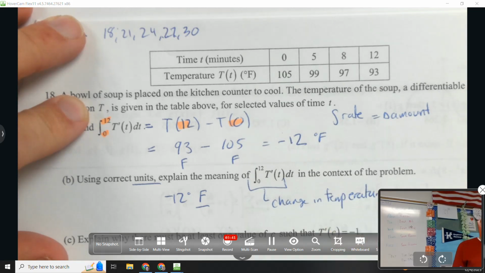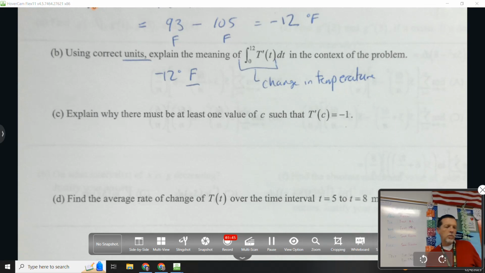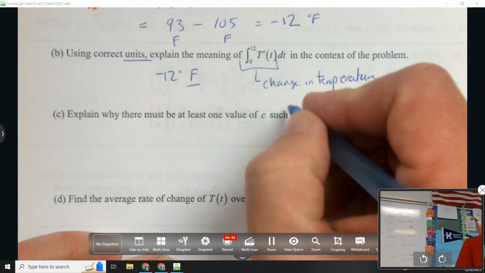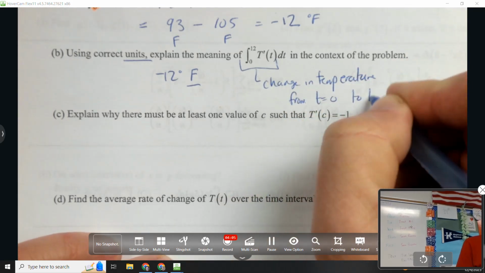And I guess we should be a little more specific. You might not get full points. What do you think I need to include in that to sort of finish my answer? The change in temperature. I need to be a little bit more specific. From 0 to 12 minutes, yeah. Or from t equals 0 to t equals 12.